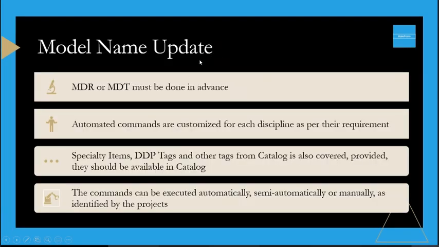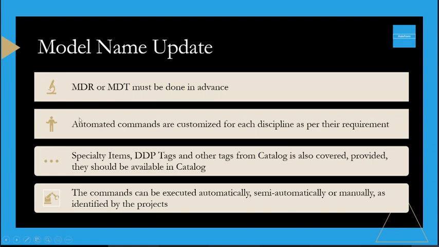Next one is model name update. As I said earlier, if something is not covered by the default or delivered solution from Hexagon, we cover it here. The first thing is that MDR or MDT has to be done by the admin on the model. There's nothing automation can be done because the solution is quite okay.